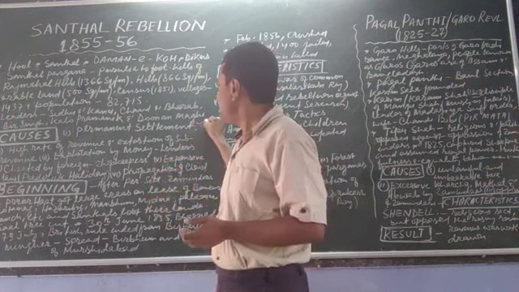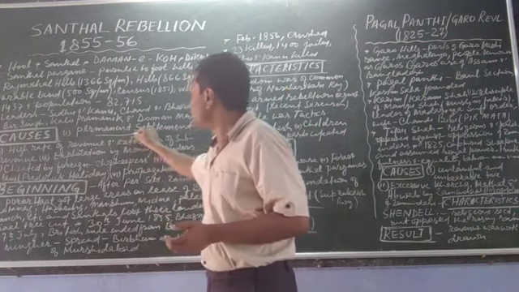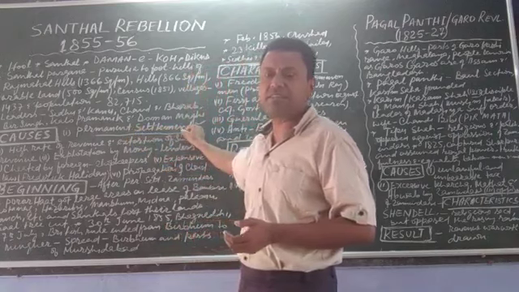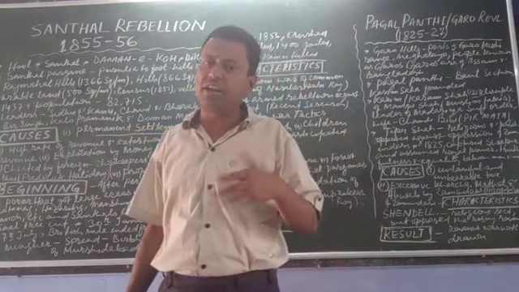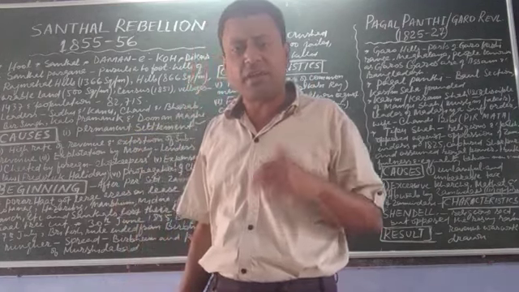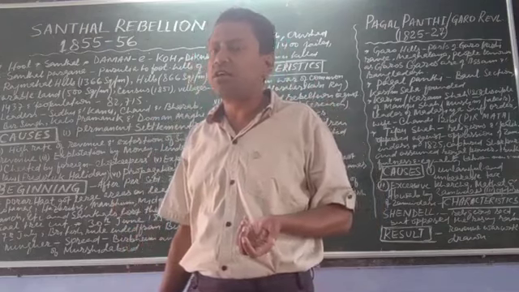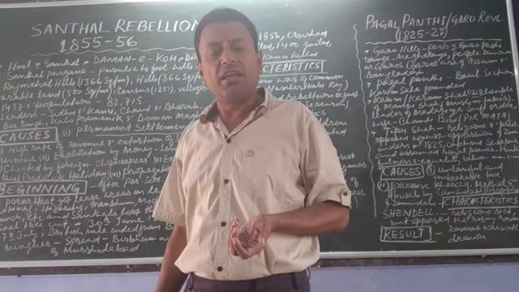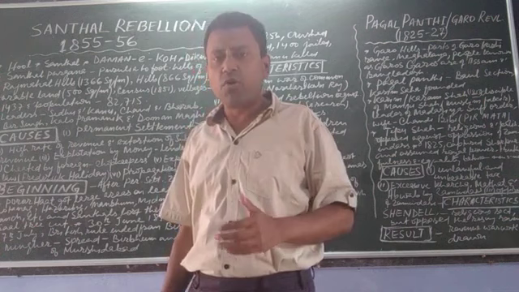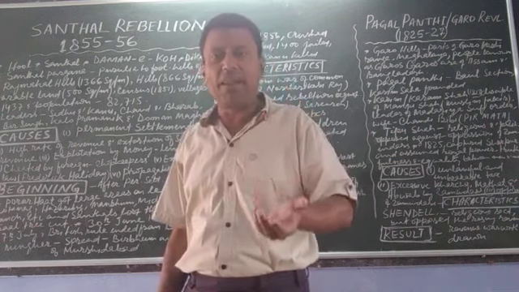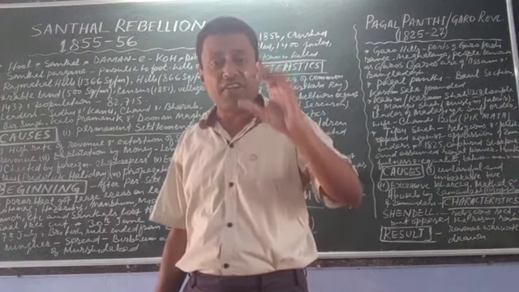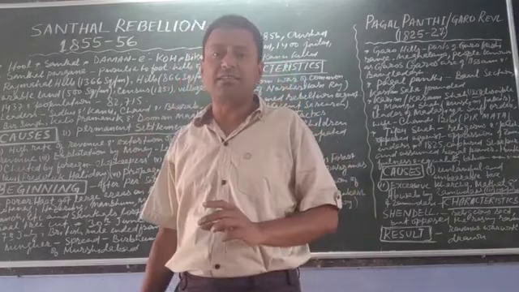Number one, the introduction of the permanent settlement system. I have already discussed the permanent settlement system in detail in my previous class. When it was introduced, the Santhali people had to pay the revenue to the zamindars.